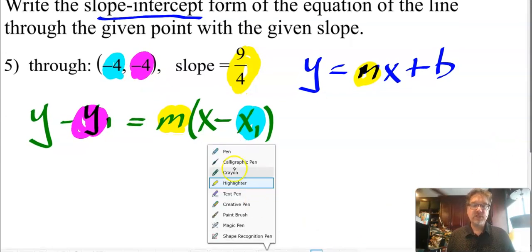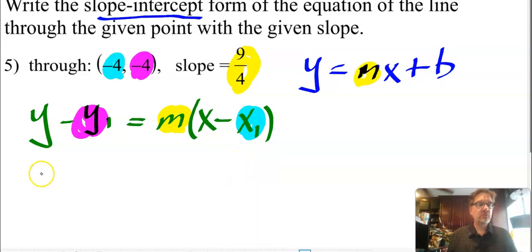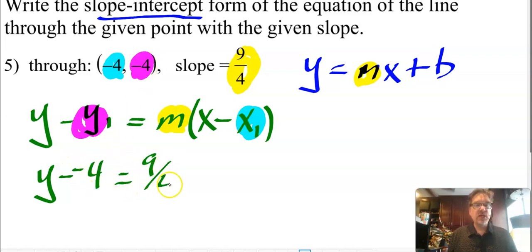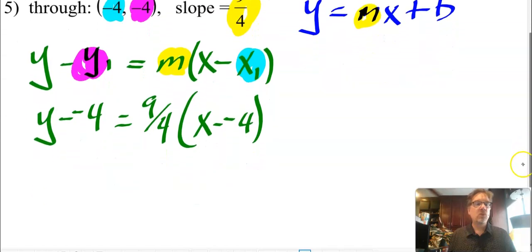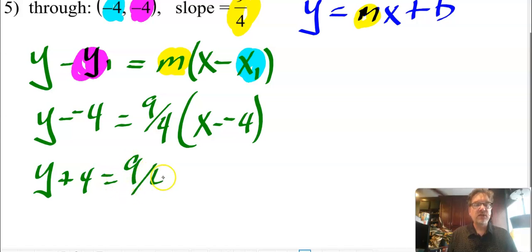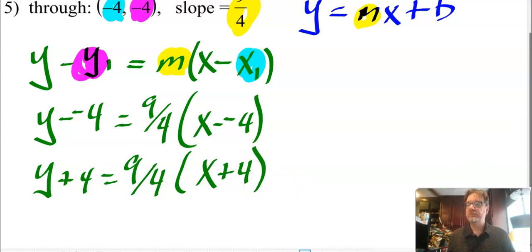Okay, so when I plug that in, that's going to say y minus negative 4, because that's the purple, equals 9/4 times x minus negative 4. Well, again, nobody likes to say minus and negative, so I'm going to turn that to y plus 4 equals 9/4 times x plus 4.